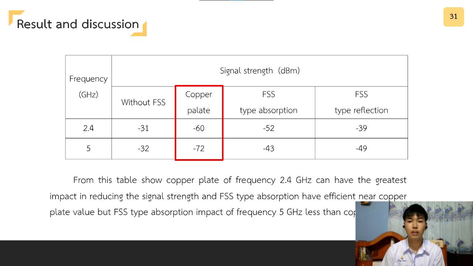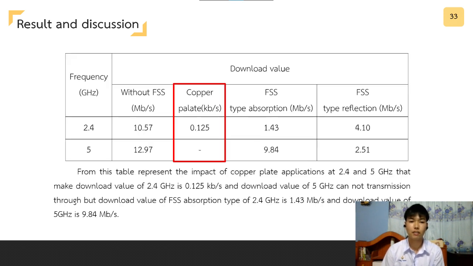The signal power of the 2.4 GHz wave for the absorbing and reflecting frequency selective surface material was minus 52 dBm and minus 39 dBm, respectively. The corresponding data transfer rates were 1.43 megabytes per second and 4.10 megabytes per second, respectively.